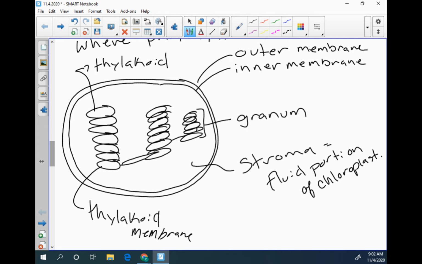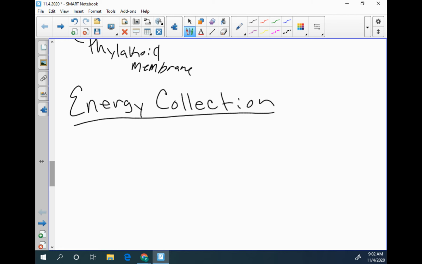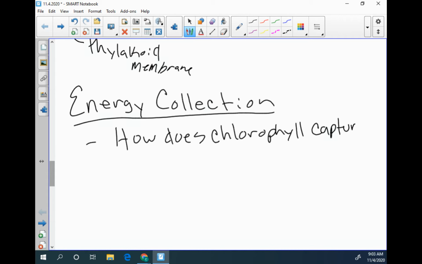So, energy collection. How does chlorophyll capture energy? It would be really, really hard to convert solar energy into chemical energy if we couldn't capture the solar energy in the first place.